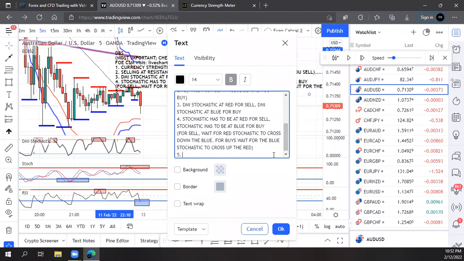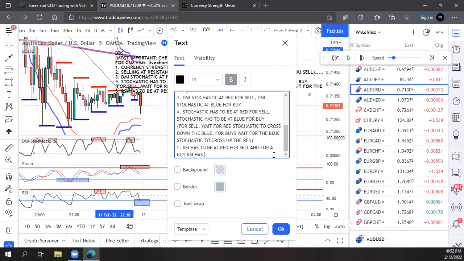For your 5th confirmation, RSI has to be at red for sell, and for a buy, RSI has to be at blue.